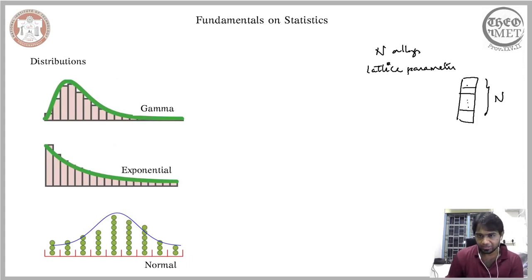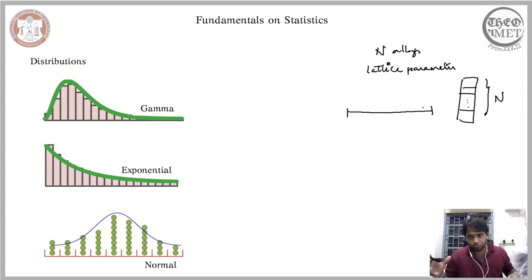Now this being univariate data, that is just a single independent variable, what we have essentially done is we have placed each alloy on a scale based on the magnitude assumed by the lattice parameter. The range of the scale is based on the least and the maximum magnitude assumed by the lattice parameter.